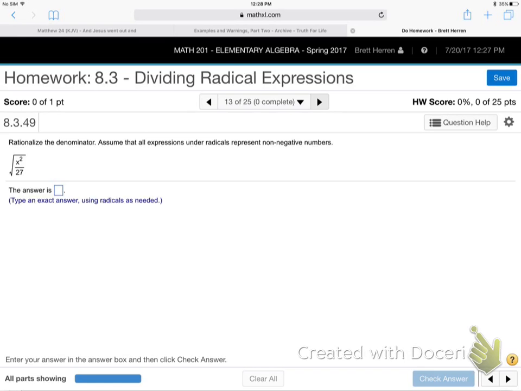Okay, so number 13. So root of x squared over 27. Try that one. So break down that 27, do the 2 for 1 chip out.